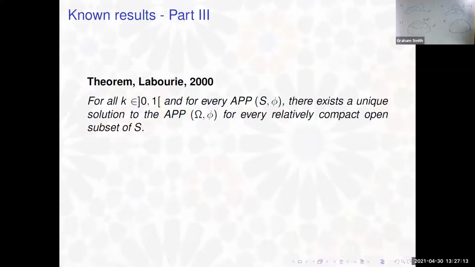So I just want to mention a couple more results that François had, which are relevant to what I want to talk about today. So the first is that for all k in the open interval between 0 and 1, for every asymptotic Plateau problem S, one thing we can do is take a relatively compact open subset omega of S and then consider the sub-asymptotic Plateau problem given by omega and phi.